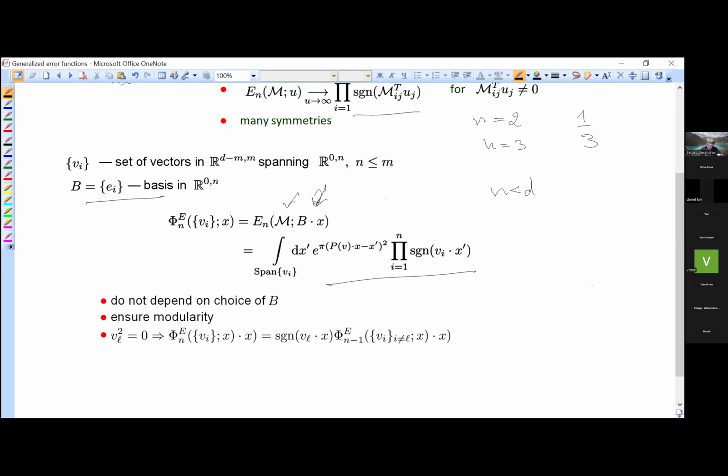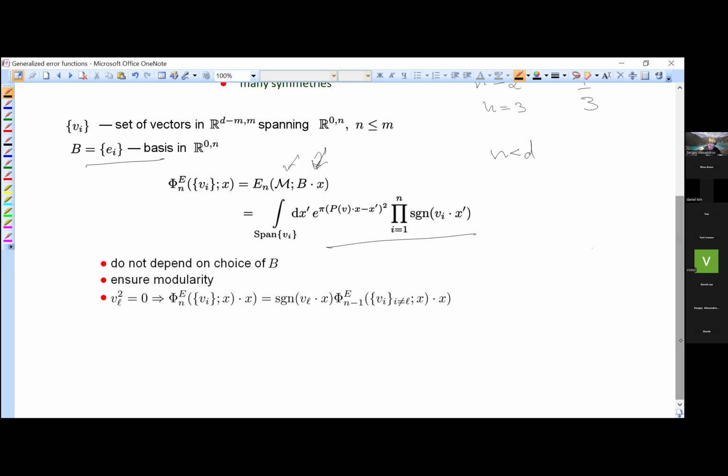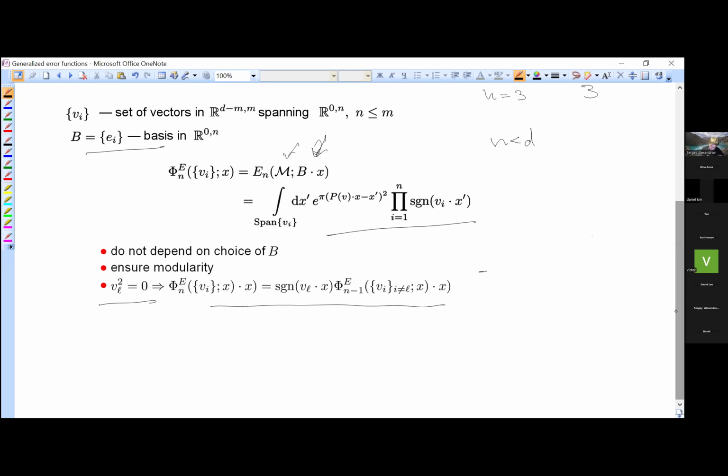And again, there are many properties which they have, but the most important one, which will play a very important role in the following, is that if one of my vectors is null, namely its square is 0, then the function is factorized. So this vector decouples from the rest, and the function reduces its rank.